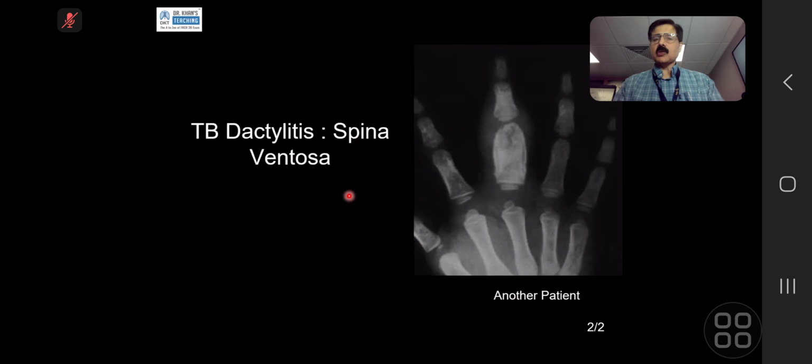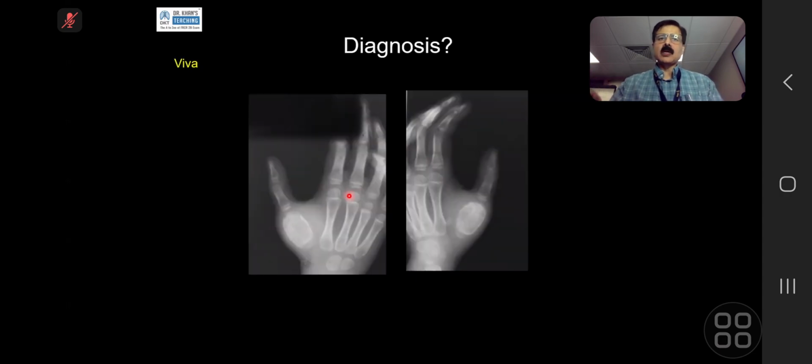Historically speaking, the word spina ventosa is a German word, meaning a short bone which is inflated with air. Interestingly, historically this is the first abnormal diagnosis made on an X-ray, by the way, in a child. The X-ray of a child was spina ventosa.